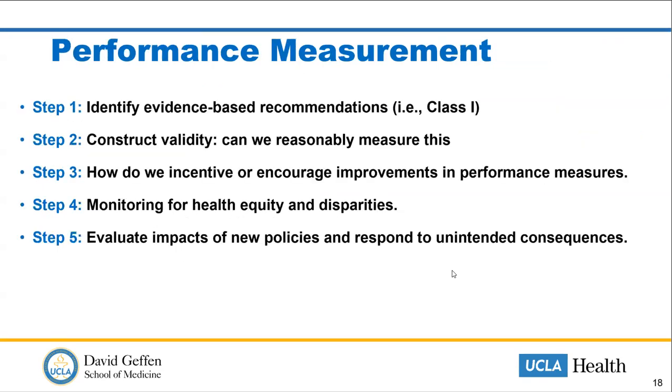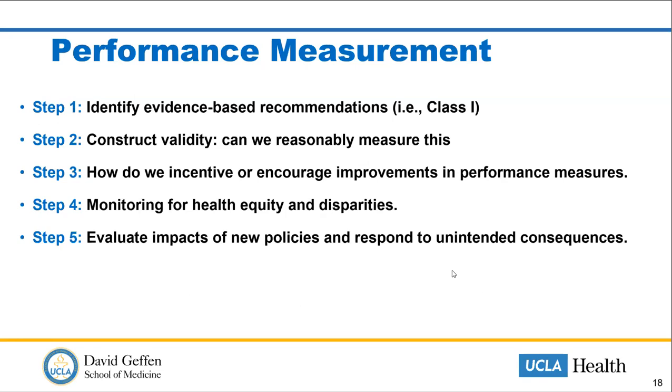So how do we create a performance measure? Step 1, you want to identify that evidence-based recommendation, class 1 therapy or those never events that shouldn't happen, and you want to start counting them or look at the rate at which people are getting it. The next thing you want to think about is the construct validity.